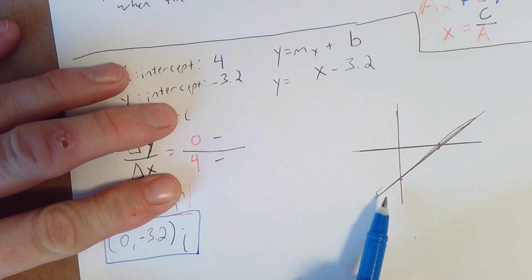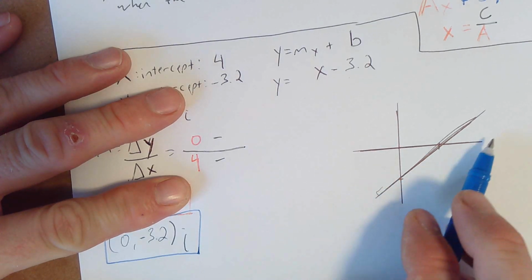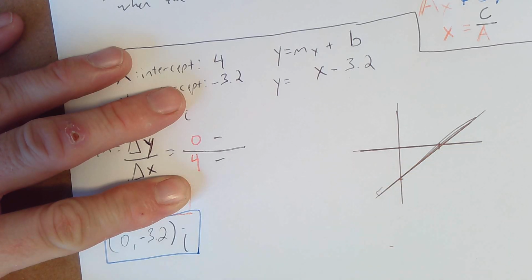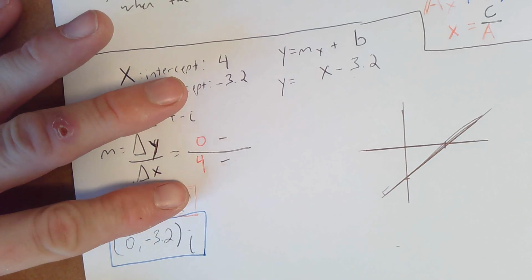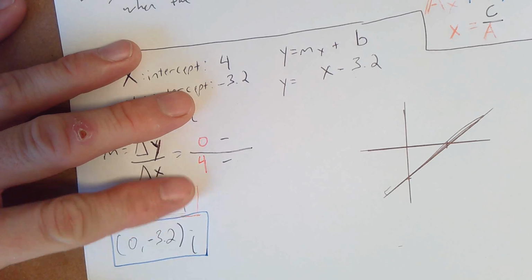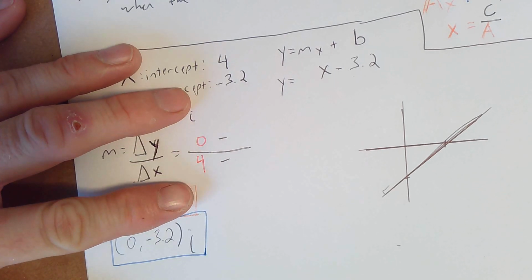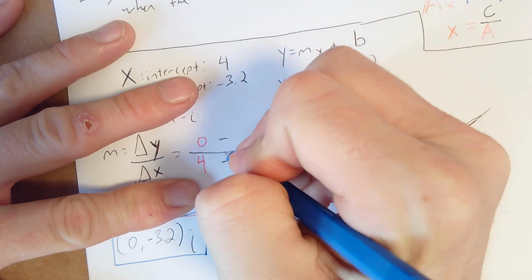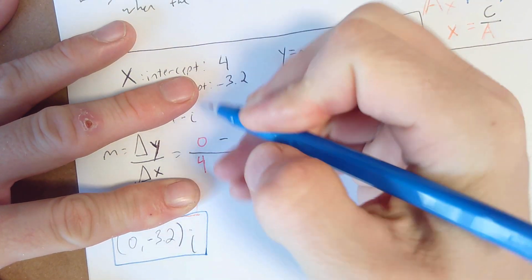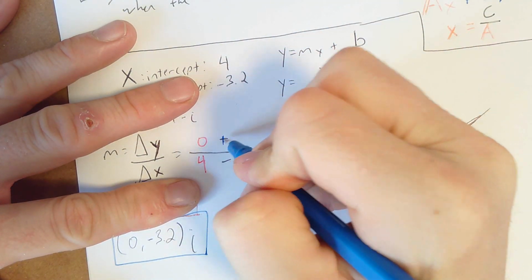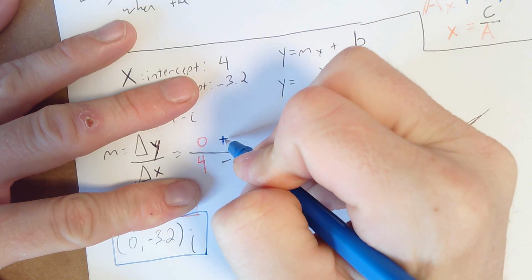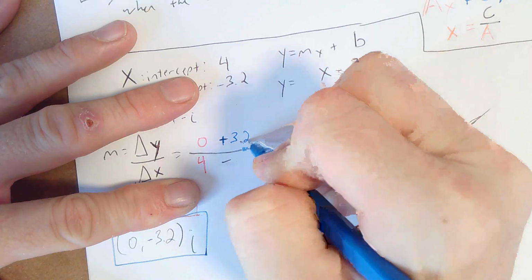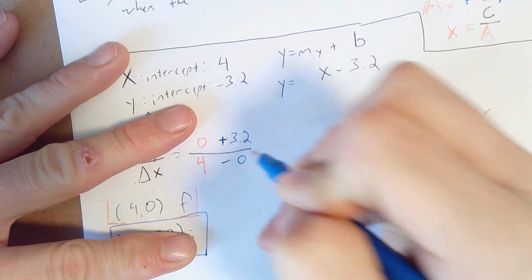Now, I'm looking at the slope, and I just know that I should have a positive value when I'm all done. So if I don't get a positive value, I should go back and look at my numbers again. Okay, so now my initial y is a minus a negative 3.2, so it's going to be a positive, because a minus a negative is a positive 3.2, and then a 0.